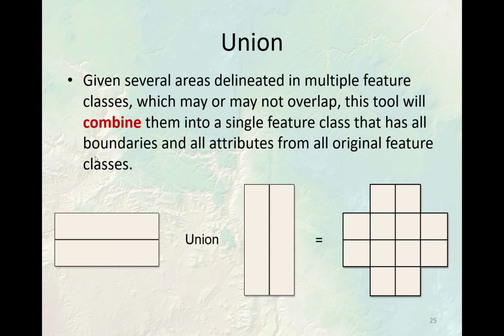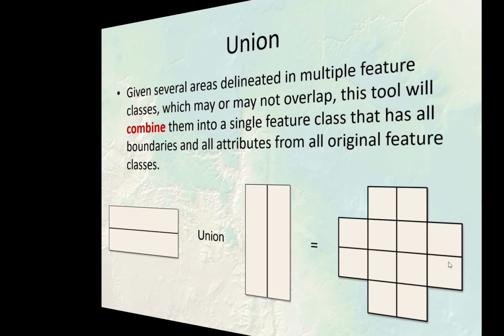So in this case we have 2 feature classes that overlap, but only the middle part of it actually exists in both feature classes, but we still get all the little pieces. We get the top here and the edges, these regions that only existed in one of the source feature classes. Well, those still pop out in the new union feature class.